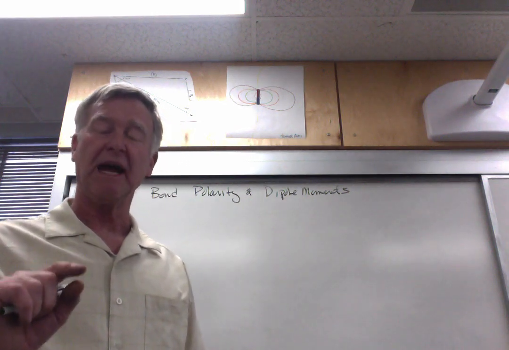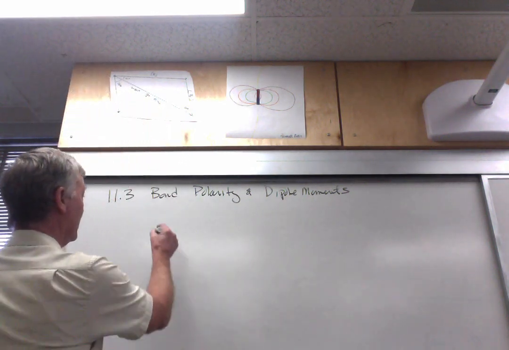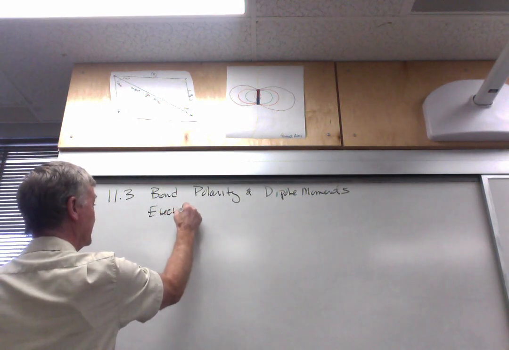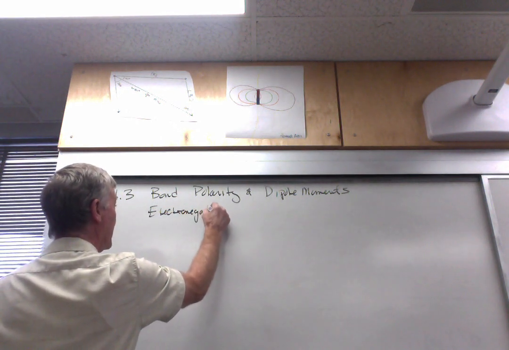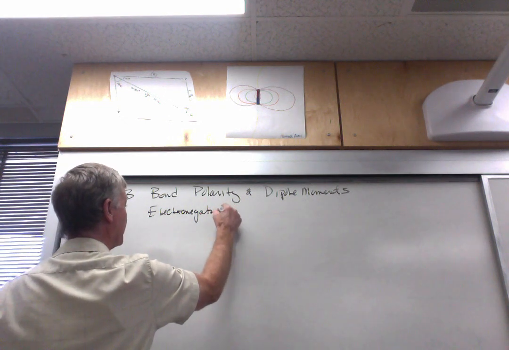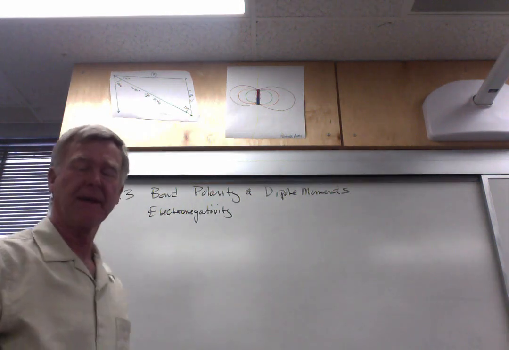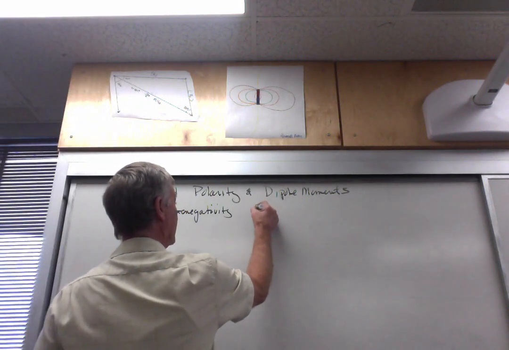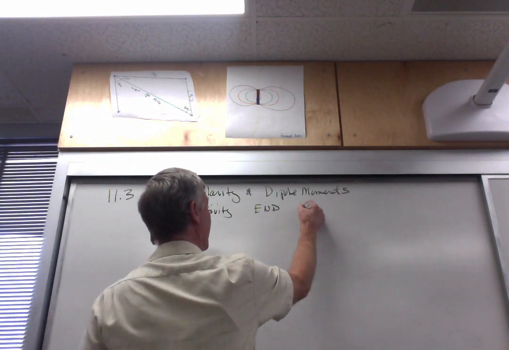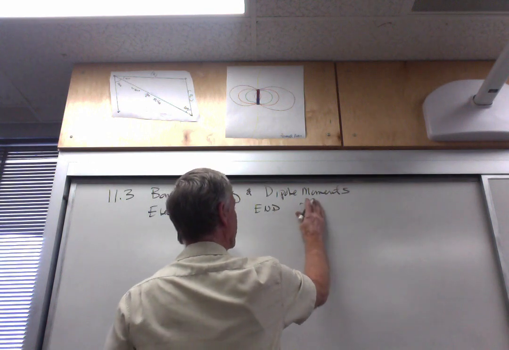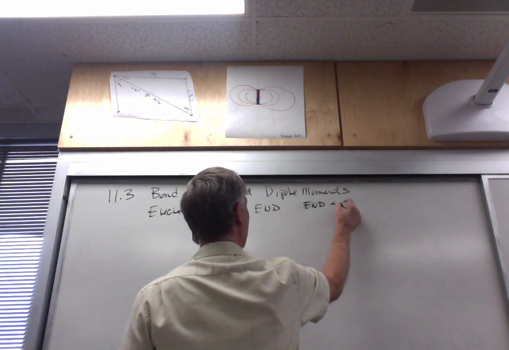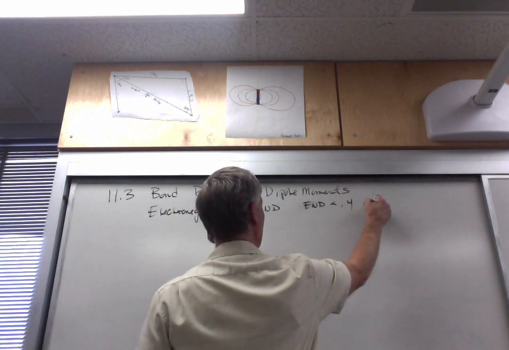We had talked last time about electronegativity, and electronegativity is defined as the attraction an atom has for shared electrons. And we mentioned that we can calculate the electronegativity difference, and if it's less than 0.4, we have what is called covalent.